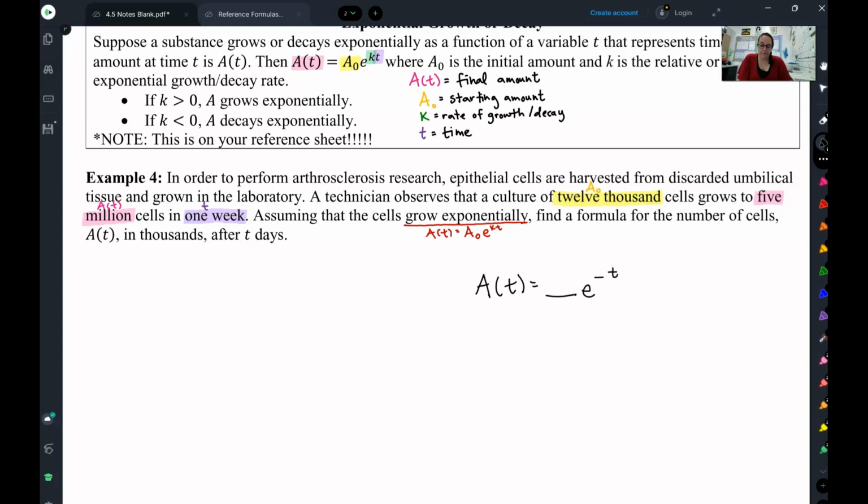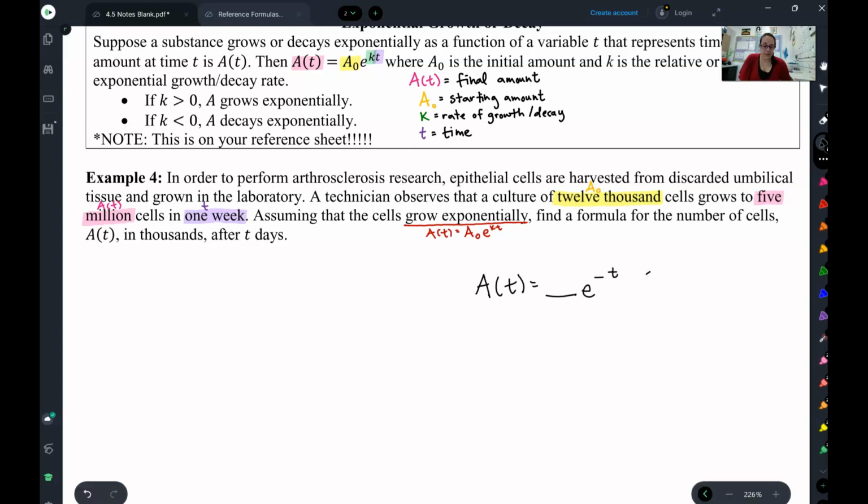So here I know that after 1 week there are 5 million cells. But what if I didn't want 1 week? What if I only wanted 3 days? After 3 days, how many cells are there going to be? So this is the general formula that will tell me that I can plug in any T I want and find out how many cells are there on that day.